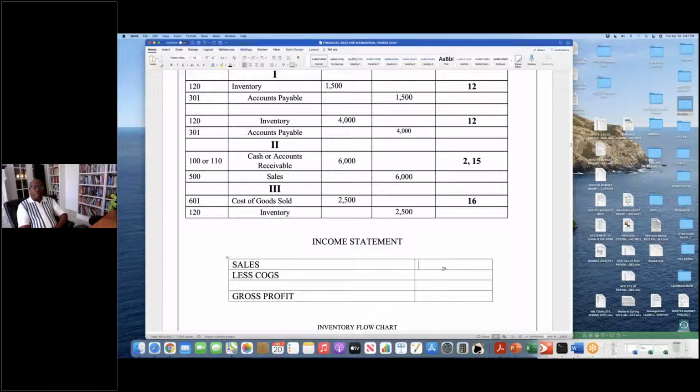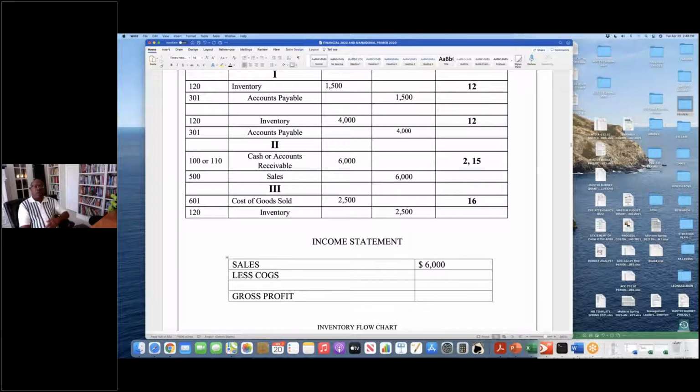So our sales, we simply go up here to our sales number. It's going to be what? 6,000. So we're doing the same thing we did last week.